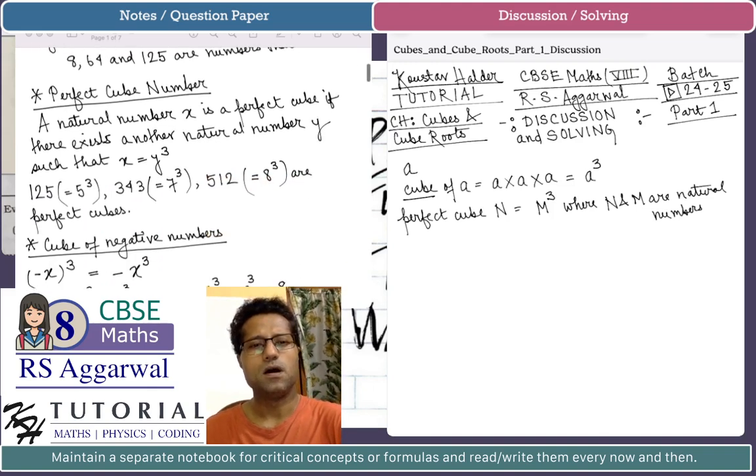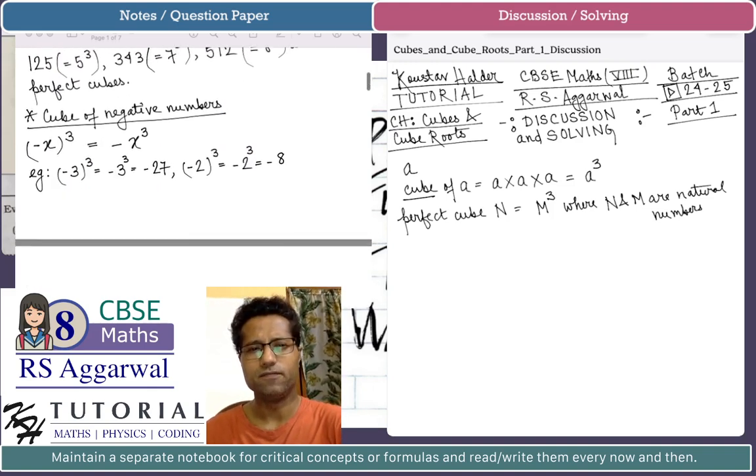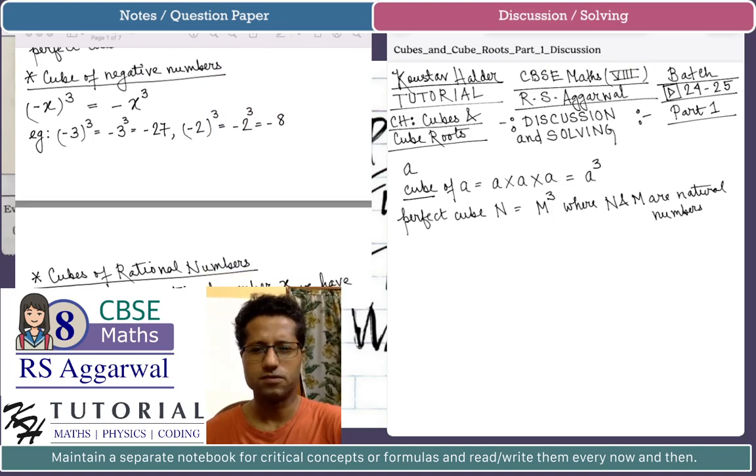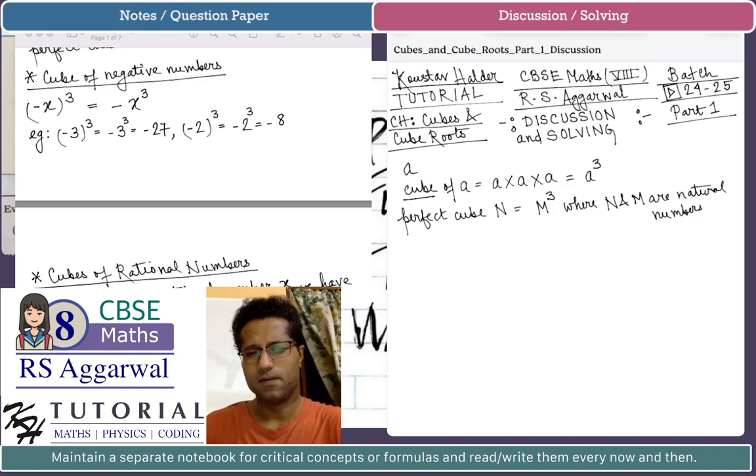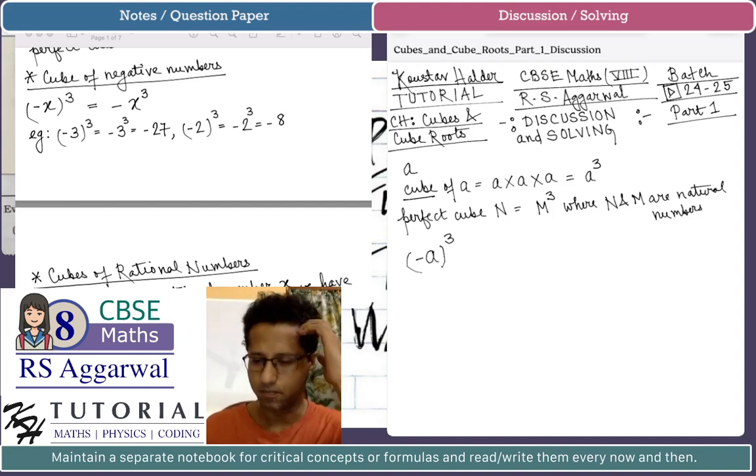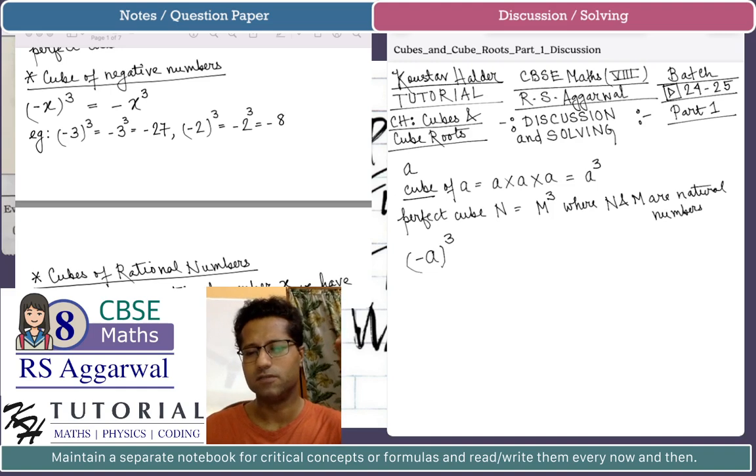Okay. Now the cube of negative numbers. Let me quickly check if everything is visible or not. Okay. Now what is the cube of a negative number? Let's say a is a positive number, so definitely minus a will be a negative number.